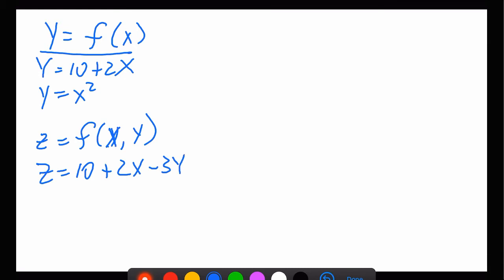And we could do that for 3 variables or 4 variables or 5 variables or however many variables we want to have. Most of the time in this class, we're going to deal with functions that have more than one variable. And the reason why we're doing that is they're very difficult to graph. So this is easy to graph, right?